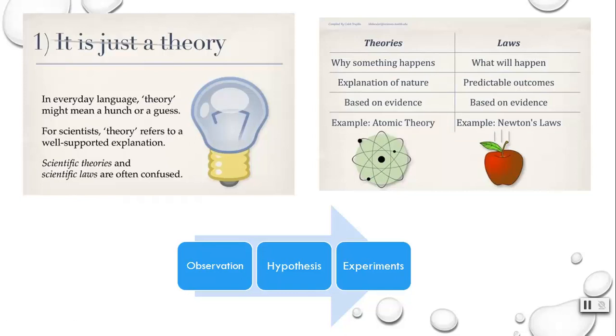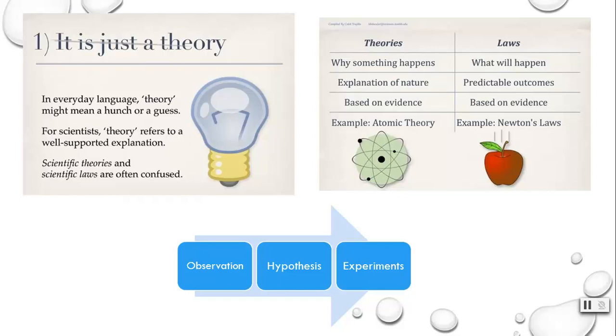That predicts what will happen. I predict that this apple falls from the tree. There's a law. But why does that happen? Why does that apple fall from the tree? Well, that talks to the theory, or explaining why something happens.